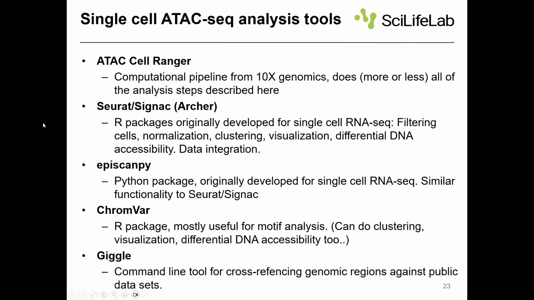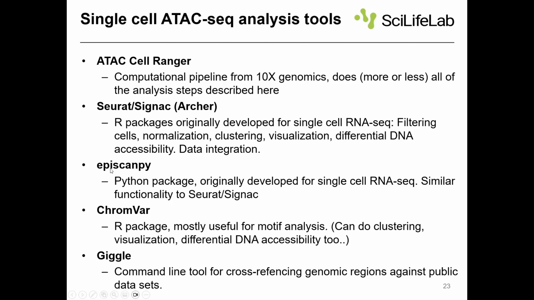Here you can do all these different things: normalization, filtering cells, clustering, UMAPs, differential accessibility, integrating data from various studies for various assays, a lot of stuff. This is very useful. And there's a Python version called EpiScanpy.